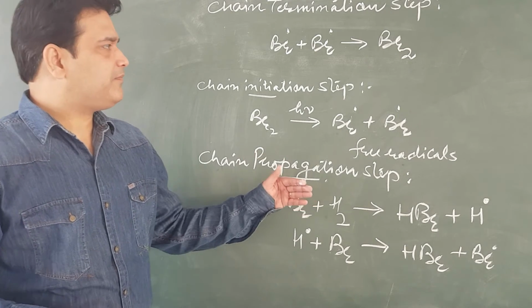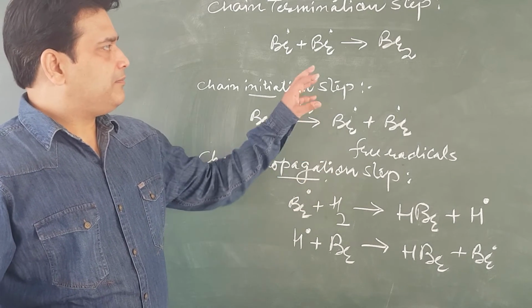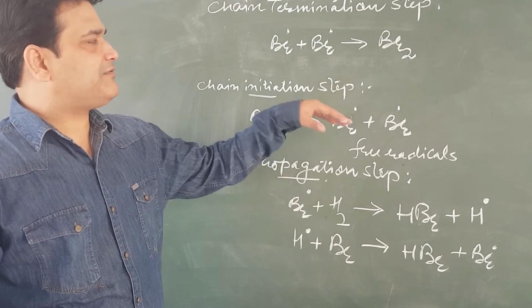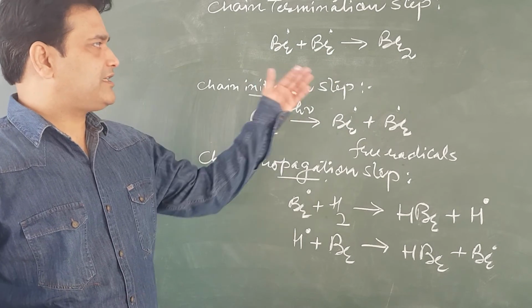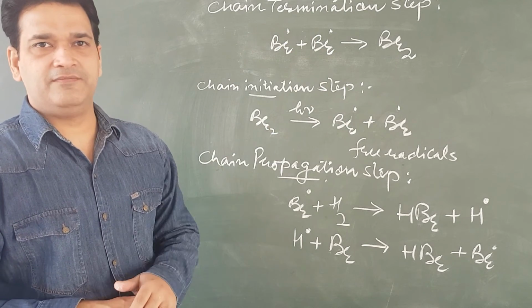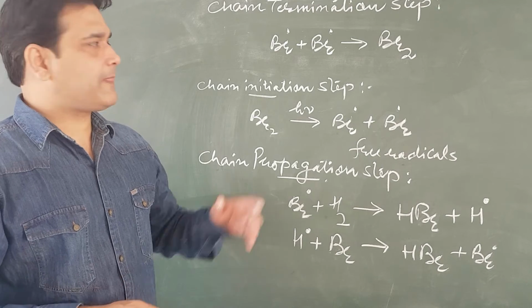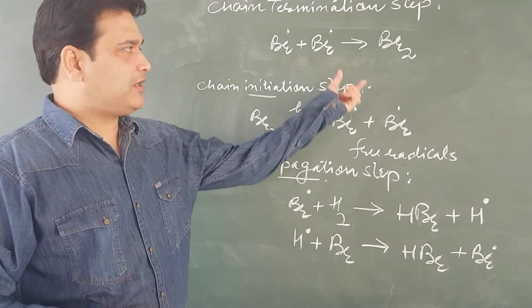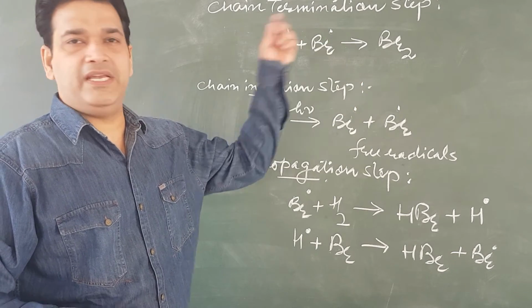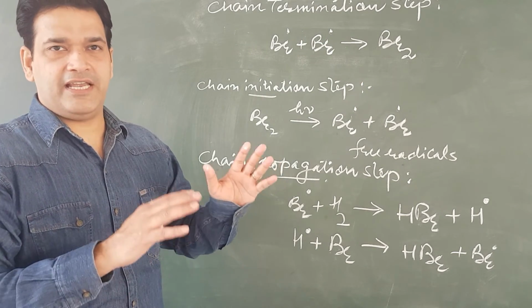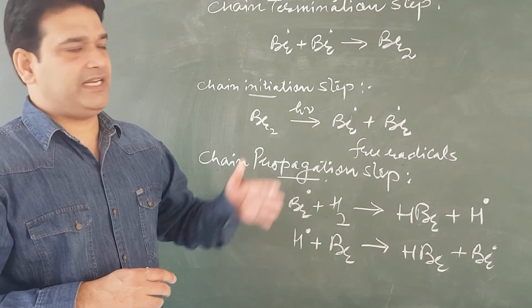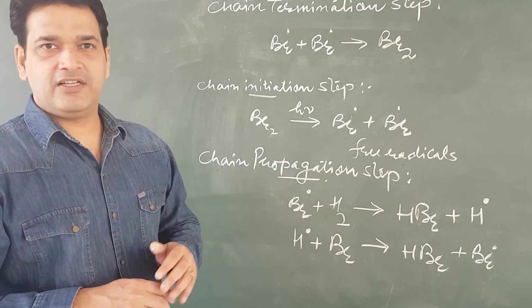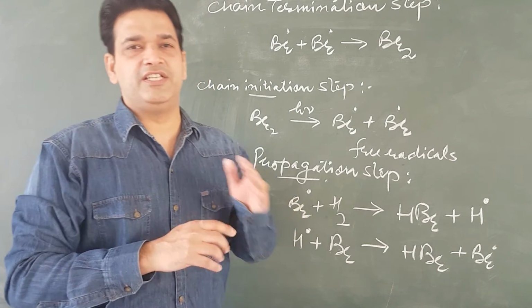The mechanism is very much similar to the reaction of hydrogen with chlorine, but the only difference is that in this case the order with respect to bromine is a fractional order, but in case of chlorine the reaction was a zero order reaction.